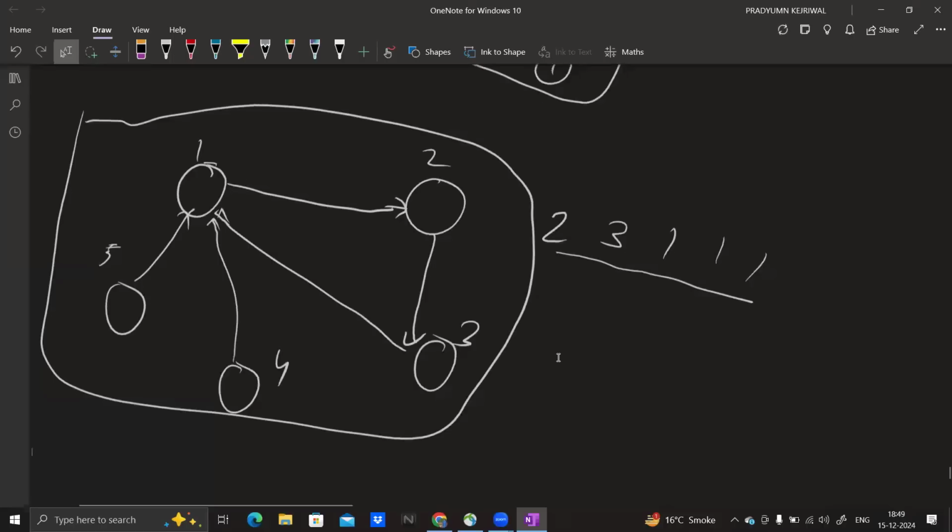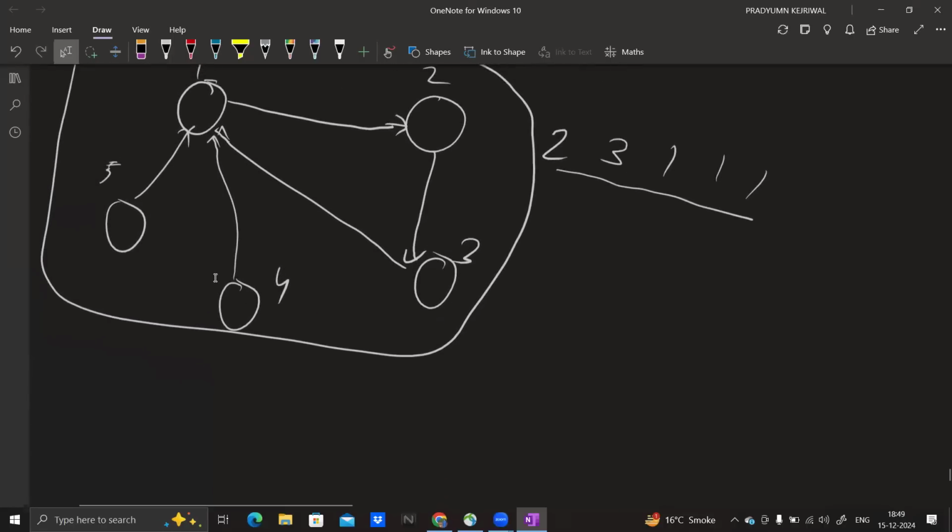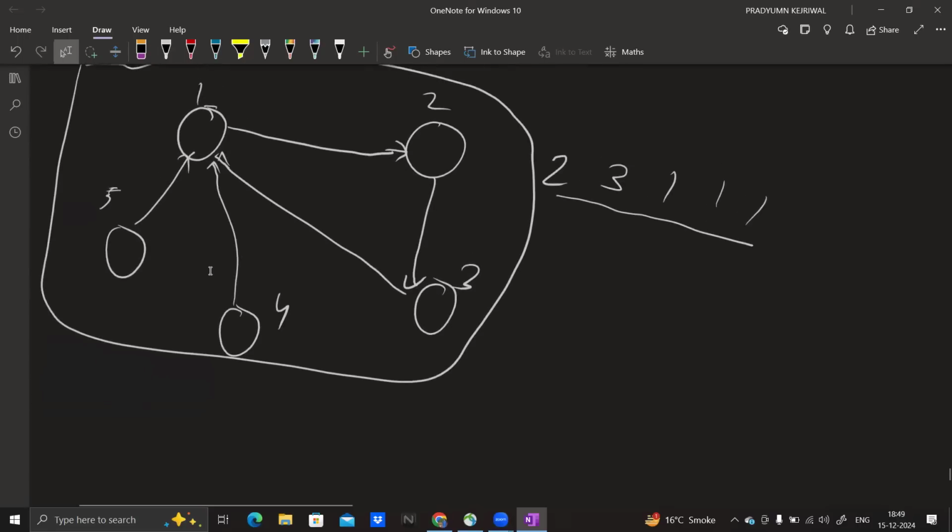Initially, all the vertices have one candy. Okay, I'll just call them candies. So initially all of them have one candy: one, one, one, one. So basically everyone is alive right now, let's say, at this point in time.